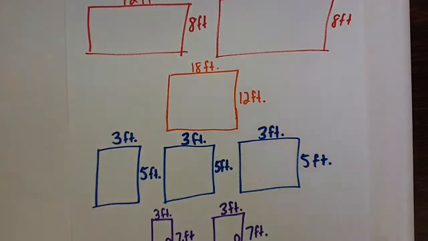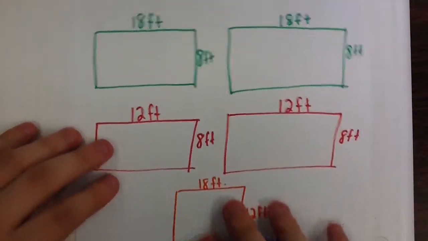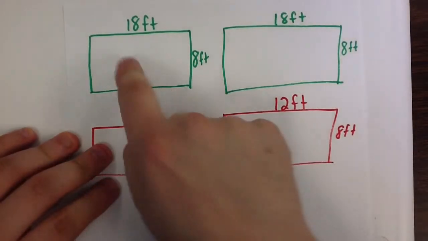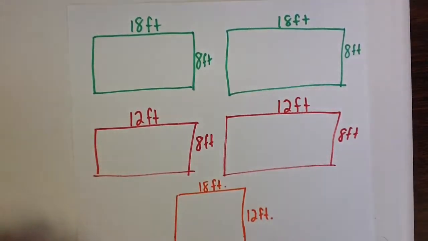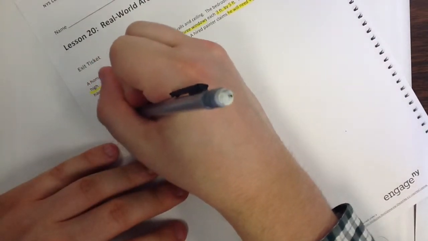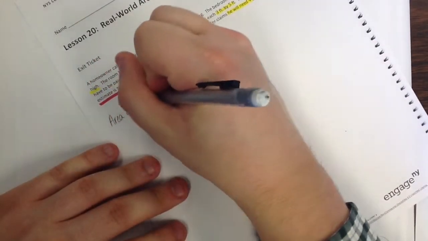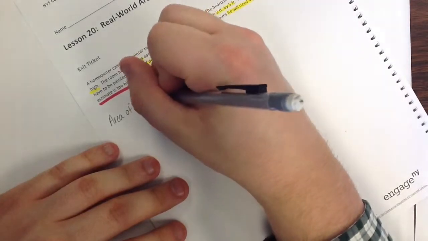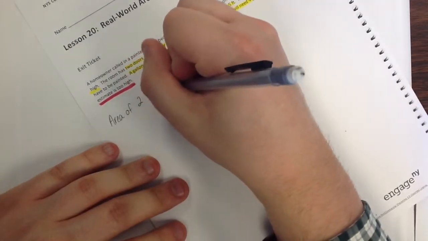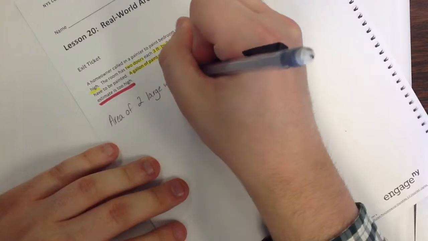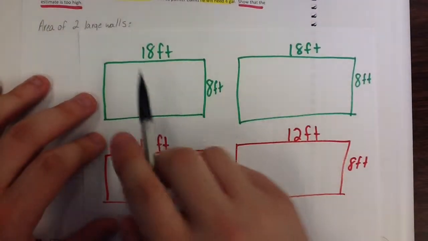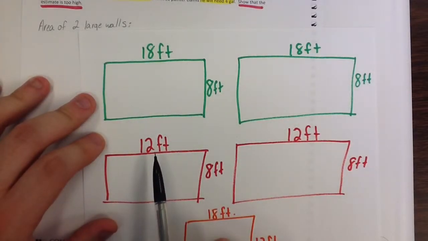So step 1, we're going to find the area of the 2 large walls, which we'll call the green walls. These are the large walls because they're 18 feet long while these ones are only 12 feet long.